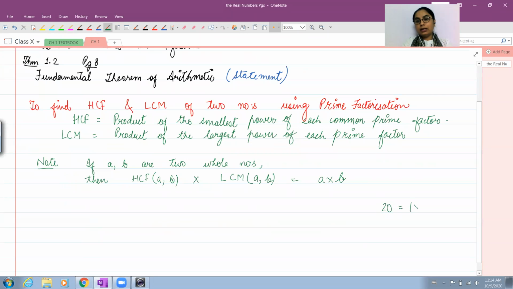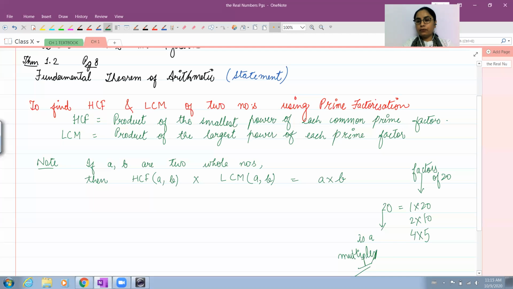So 20 can be written as 1 into 20, 2 into 10, 4 into 5. The ways it can be expressed, the list appearing on the right hand side, are all factors of 20, whereas 20 is a multiple of all the numbers whose product gives you 20 as the answer.